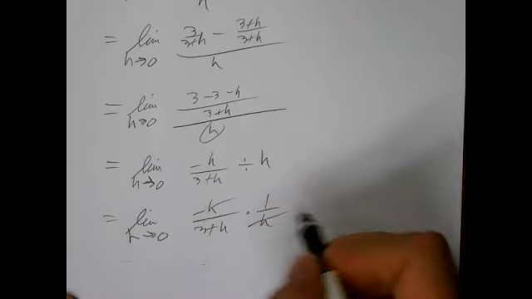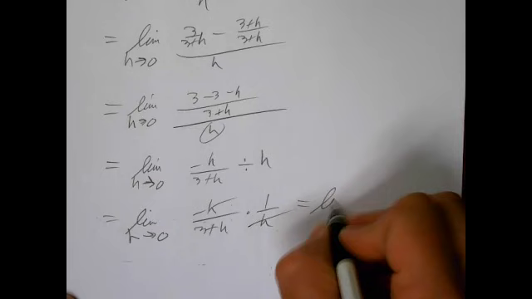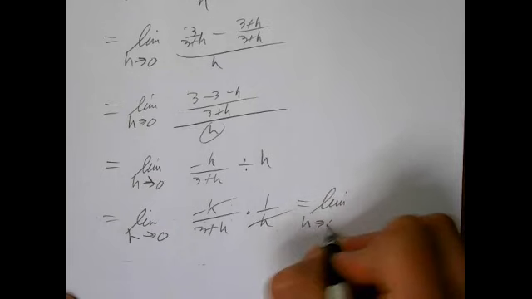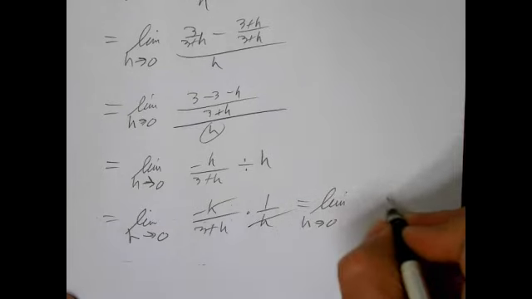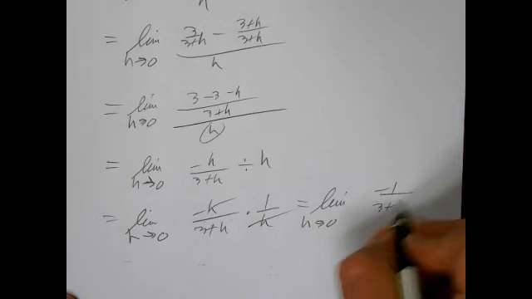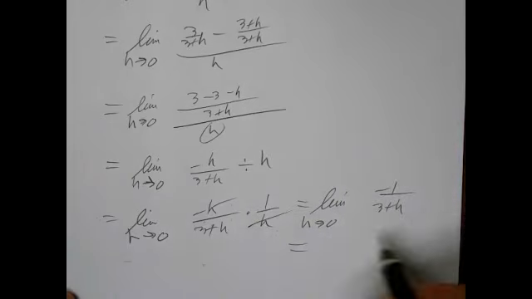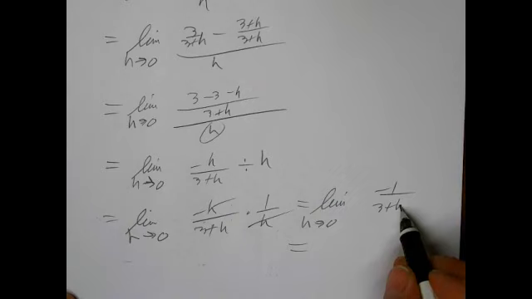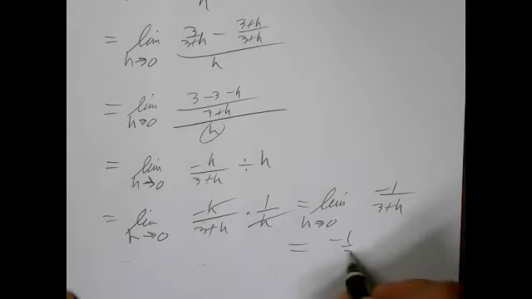I'm going to multiply by the reciprocal. Cancellation will occur here. It's the limit as h approaches 0 of negative 1 over 3 plus h. Now all I have to do is plug in a 0 for h here, and I get negative 1/3.